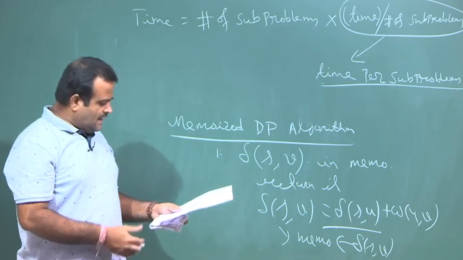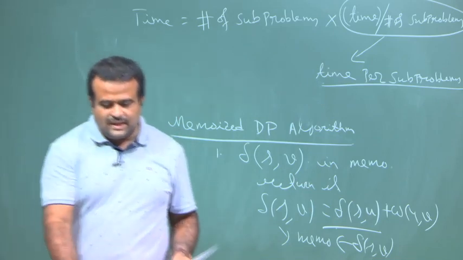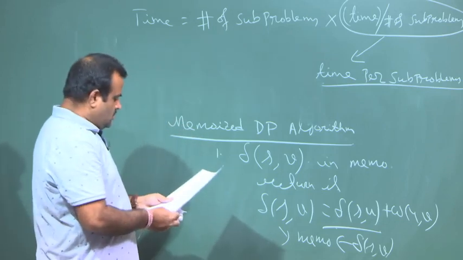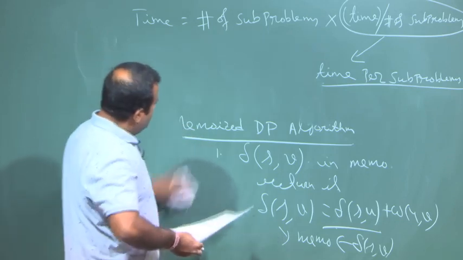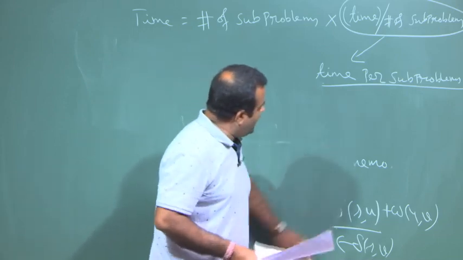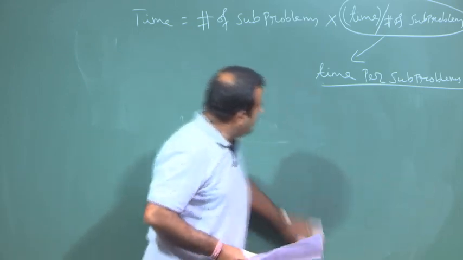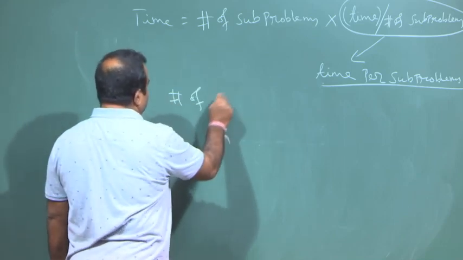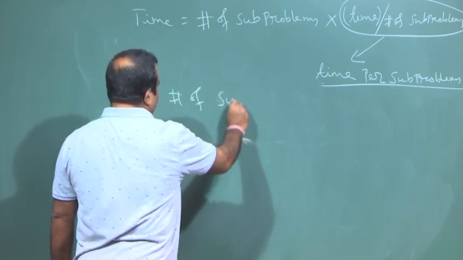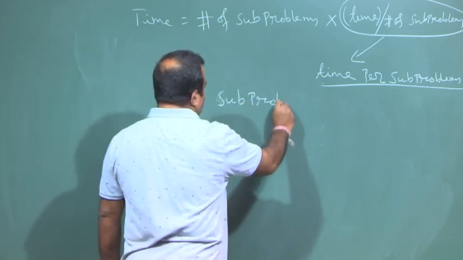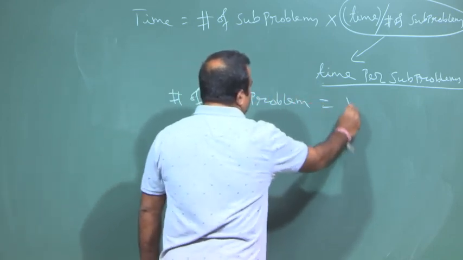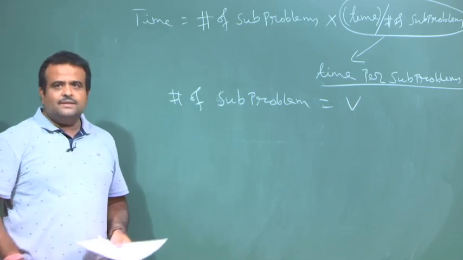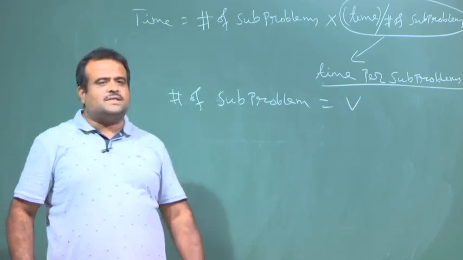So, now what is the time then? How many sub problems do we have? We have V sub problems. So, the number of sub problems is equal to order of V. Now, what is the time to solve each sub problem?